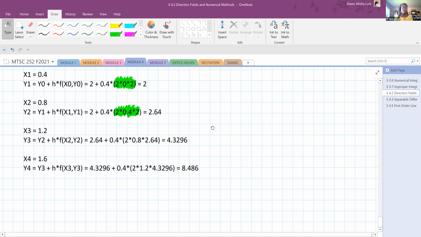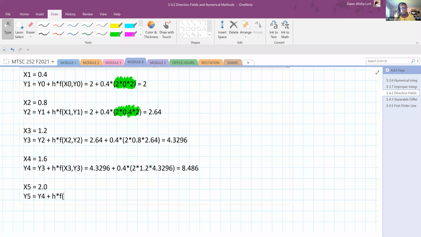Okay. x5 is 2.0. y5 is equal to y4 plus h times f of x4, y4. Okay, somebody else, tell me what goes into the next equation.